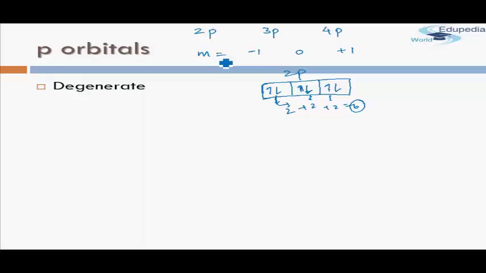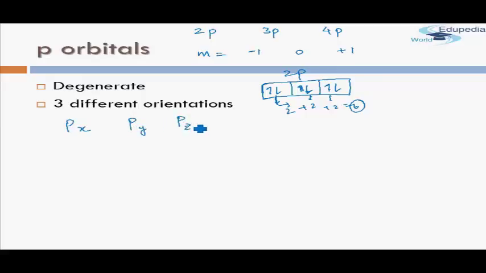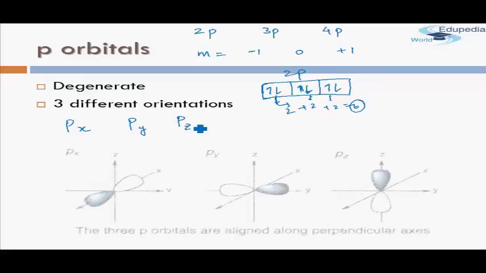Using those studies in electric and magnetic fields, we can analyze their spatial orientations and how they differ from each other. These three different orientations in every p orbital are represented by px, py and pz. Why is it so? We'll just see the diagram itself.